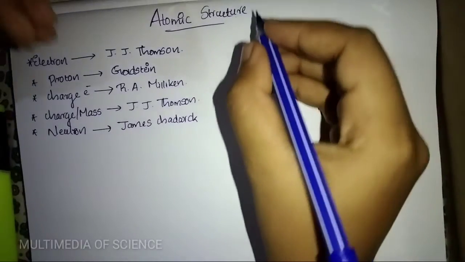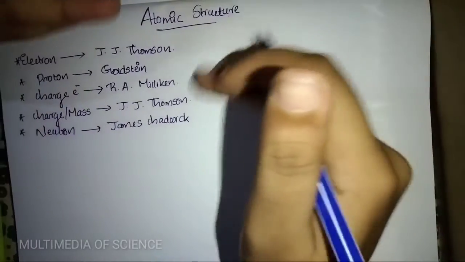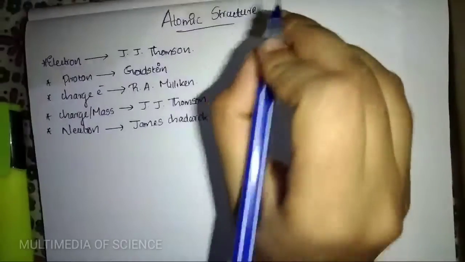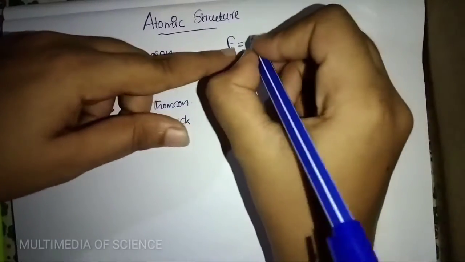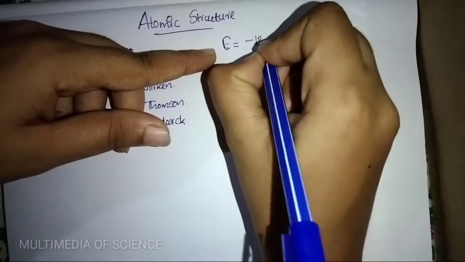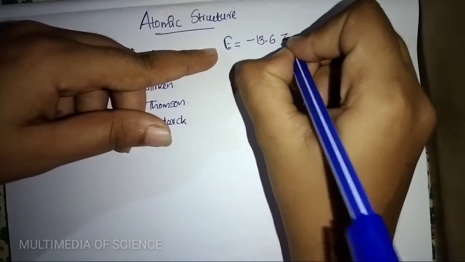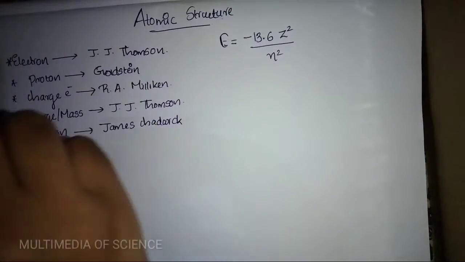Next is about some important equations covered in this chapter. The first equation is E equal to minus 13.6 into Z square by N square, where E is energy.